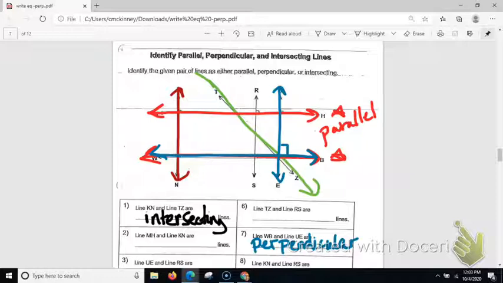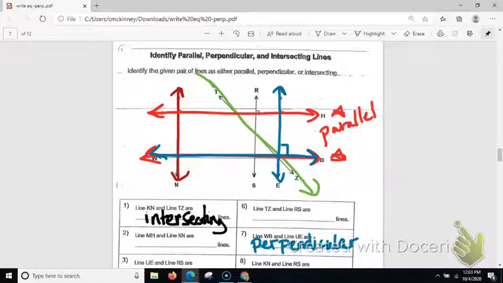Now please notice that parallel, perpendicular, and intersecting are all relationships. If I just said, is RS parallel? You would have to say, parallel to what? It can't be parallel by itself. It has to be parallel to something else.